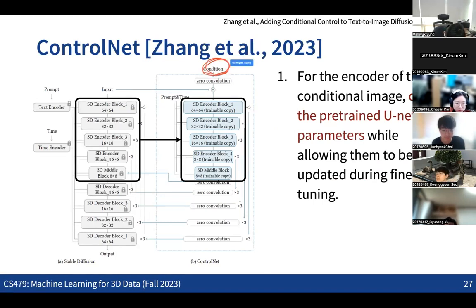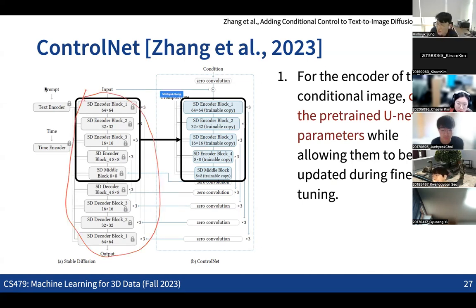So this is the condition of the input image, right? And here, this input, can you guess what's the input here? So the left-hand side is basically the noise prediction network, right? Then what should be the input in the noise prediction network? So the left-hand side here is the noise prediction network, right?